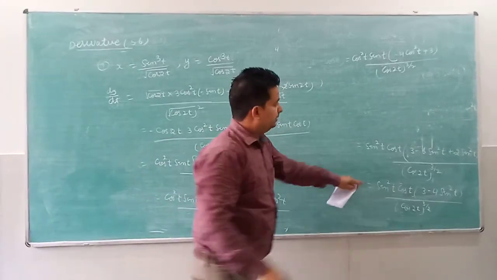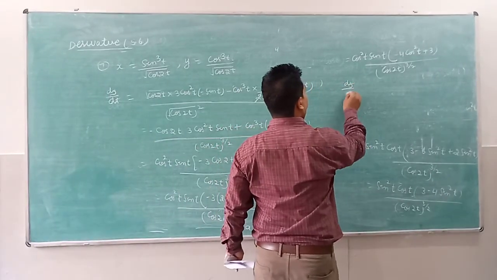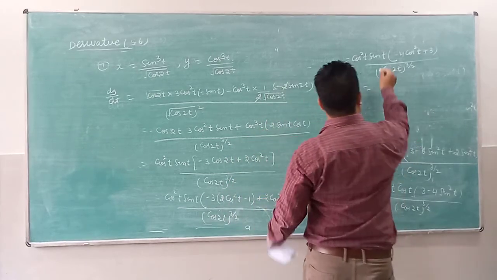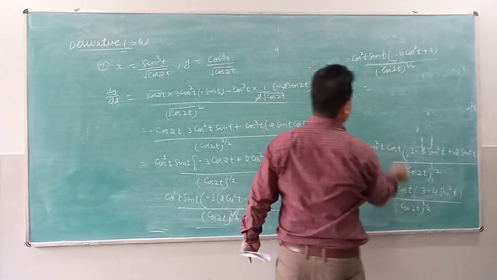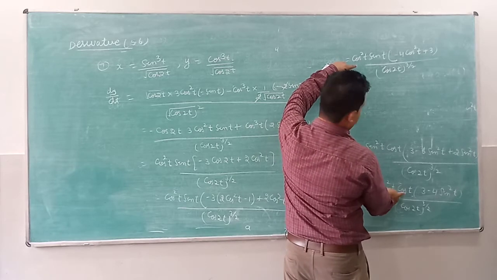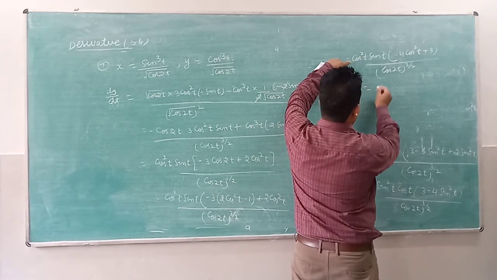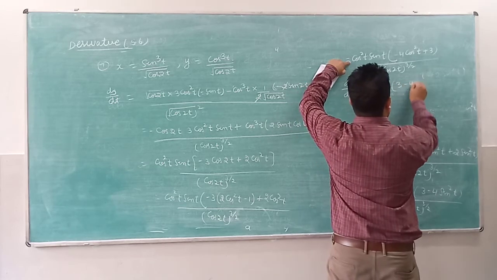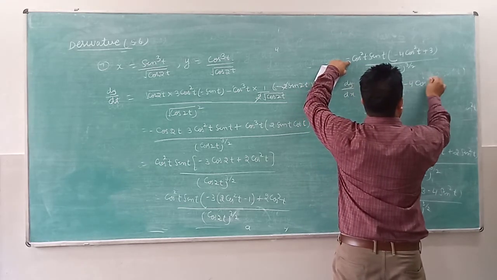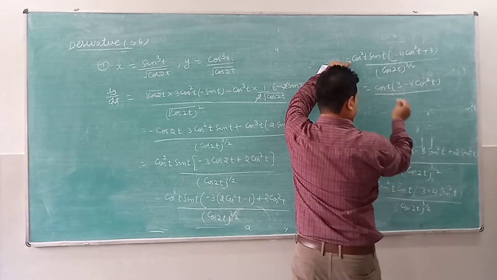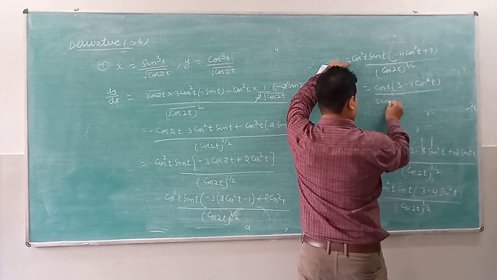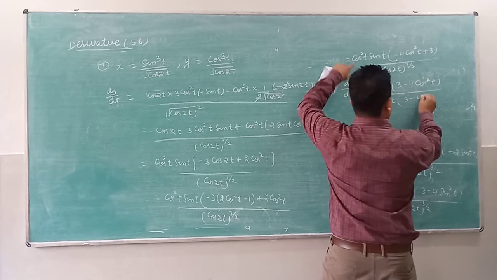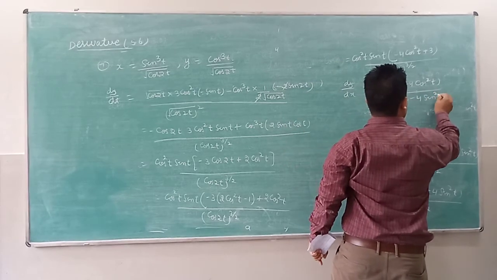When we divide these two terms, that's dy upon dx, dy upon dt divided by this. Here cos is cancelled by cos, sin is cancelled by sin. So in the numerator there is 3 minus 4 cos²t, and in the denominator there is only sin t and 3 minus 4 sin²t.